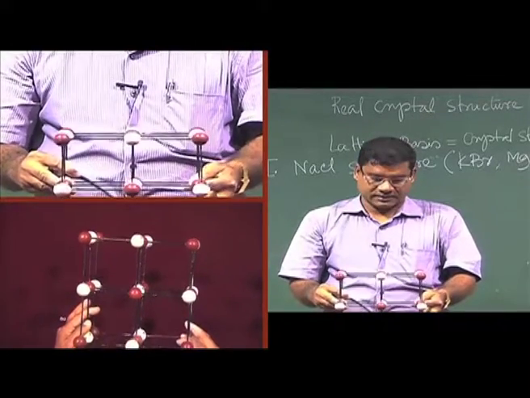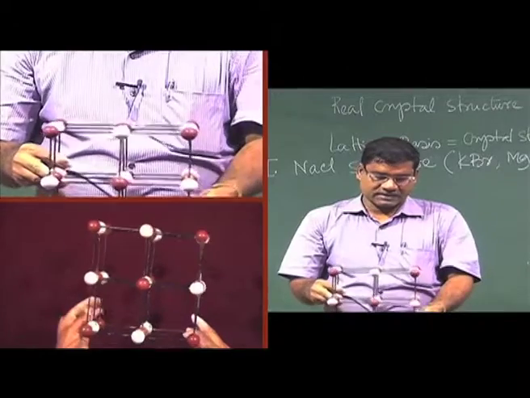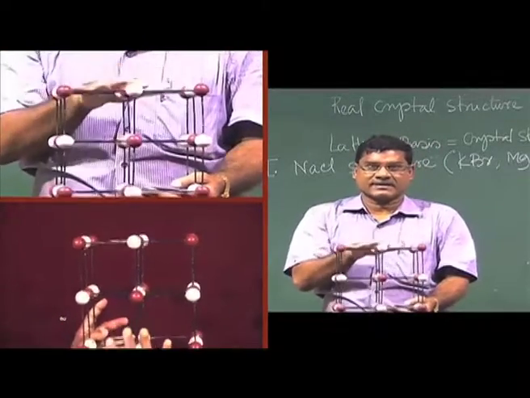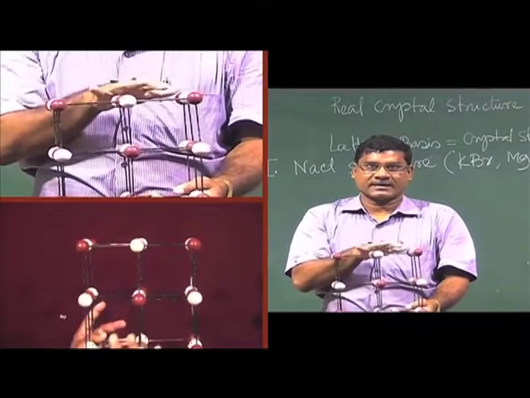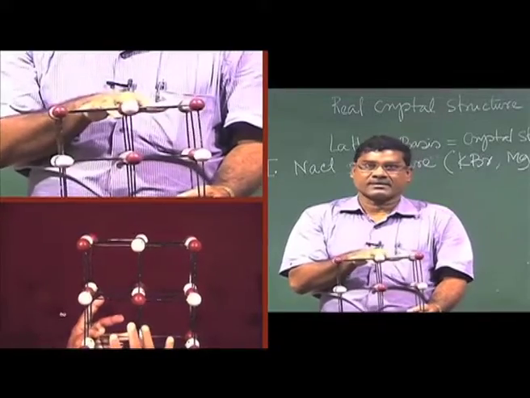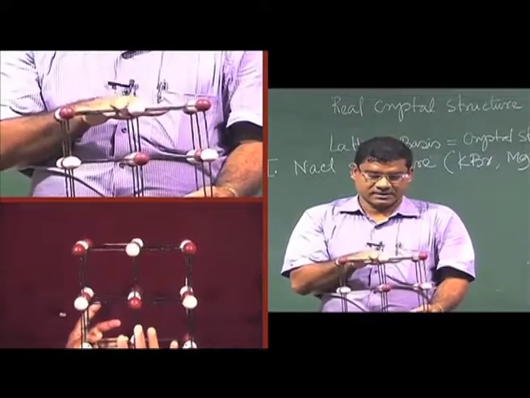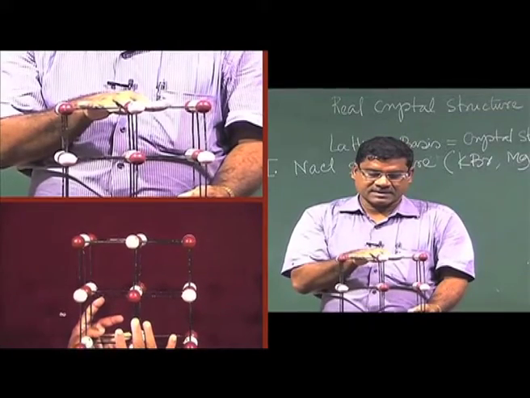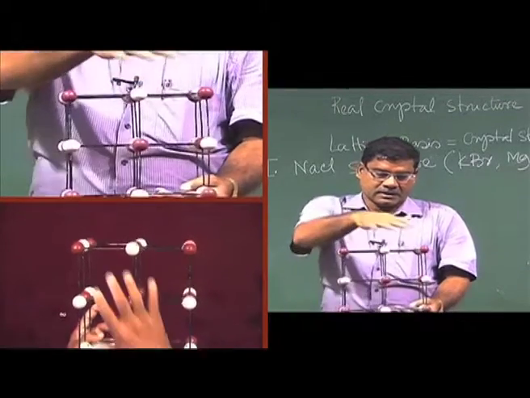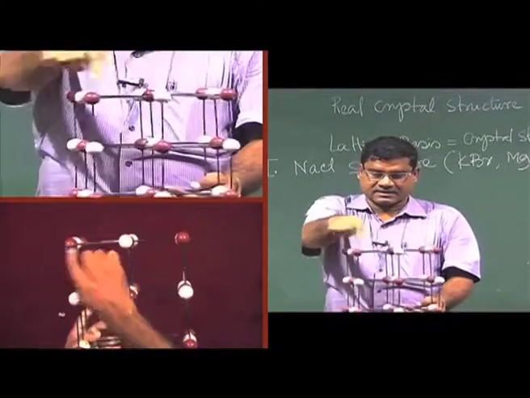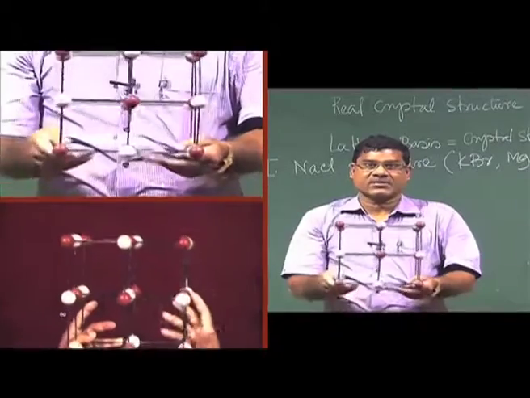Here you can see that this is the cubic structure, FCC lattice, as I mentioned that sodium chloride has an FCC Bravais lattice. FCC Bravais lattice means it is the cubic structure as a whole.